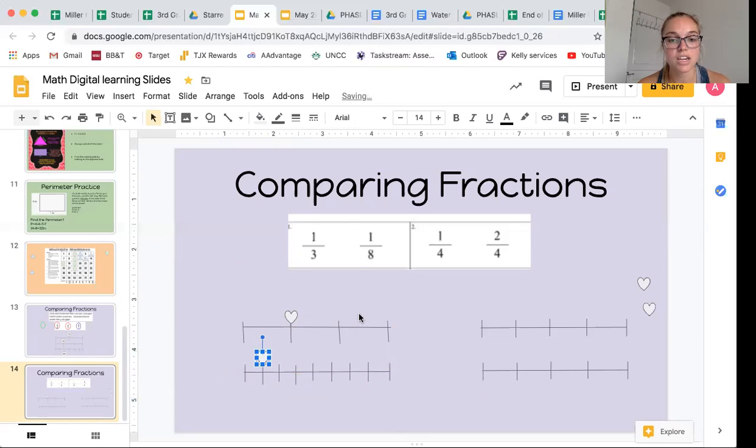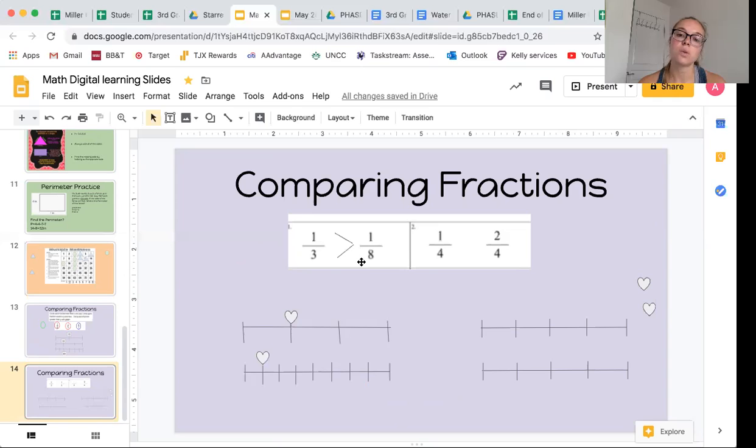And then I know that 1/3 is greater than 1/8. So I am going to quickly just draw a greater than sign right there. So 1/3 is greater than 1/8.